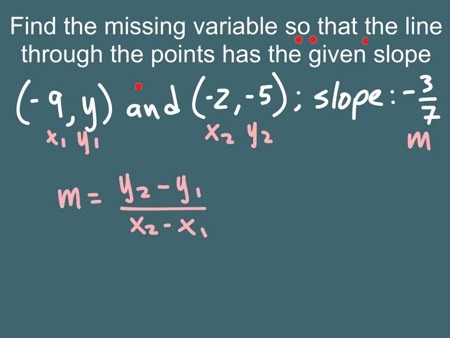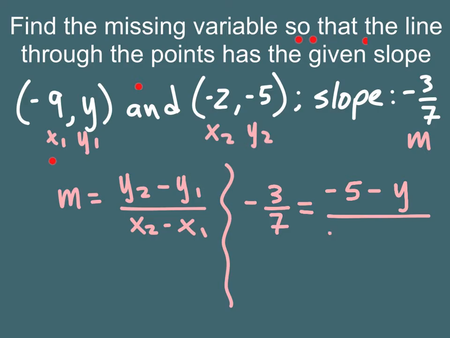When I plug all these numbers into our formula, I'm going to get negative 3/7 is equal to negative 5 minus y over negative 2 minus a negative 9.